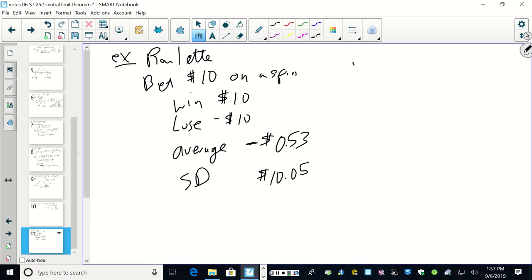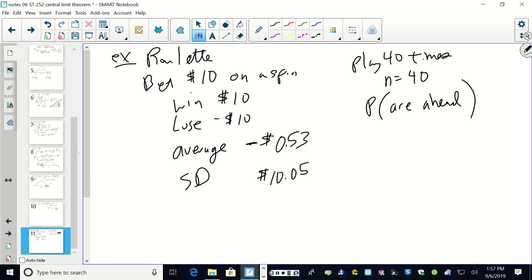And say you play 40 times. So n is 40. What's the probability that you are ahead at the end of these 40 rolls, that you have a positive balance for taking all these bets?